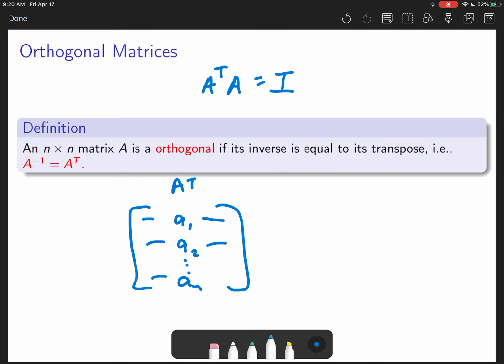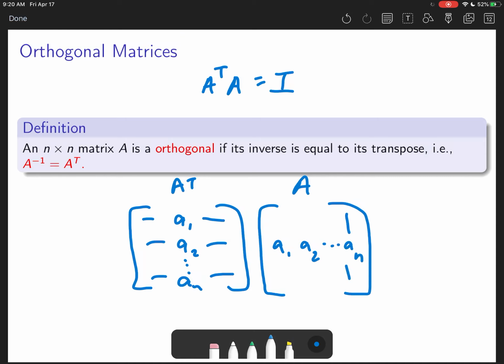Those are the columns of A, or the rows of A transpose. A1, A2, and so on up to An. Those are the columns of A, right?